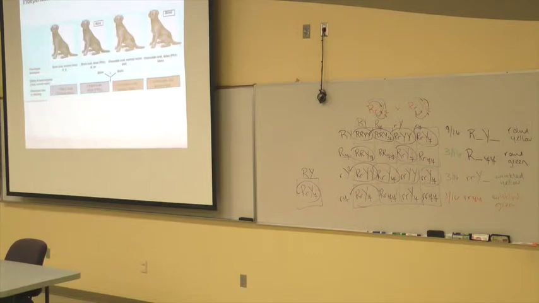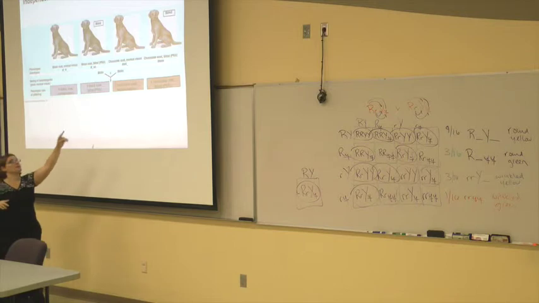Here is another example that you could work to give you extra practice over the weekend before we meet again on Tuesday to do more practice together. You could always do a Punnett square with these different letters, big B, little b, big N, little n. Two parents with that genotype should give you the 9 to 3 to 3 to 1 phenotypic ratio when dealing with the inheritance of coat color and blindness in dogs.